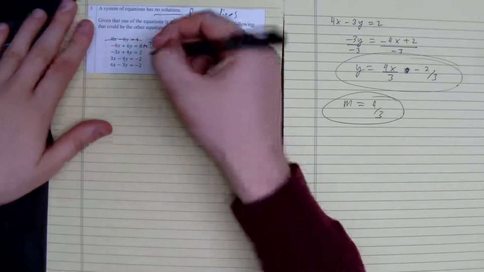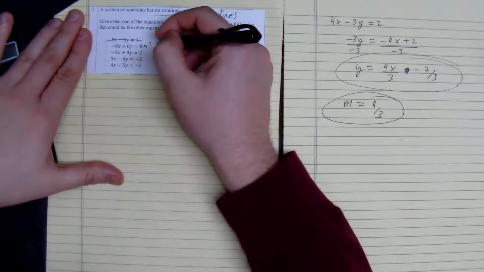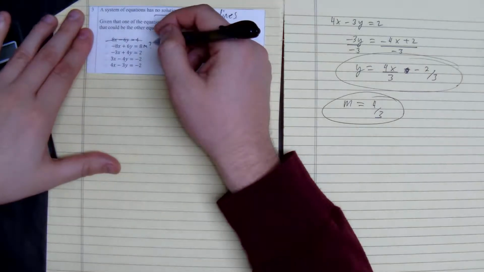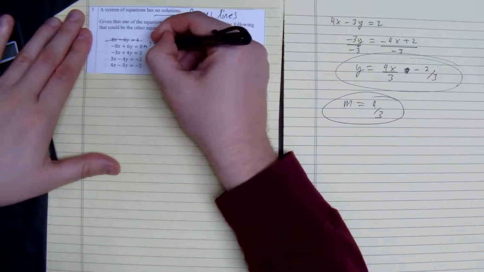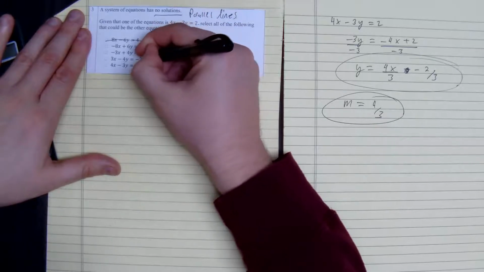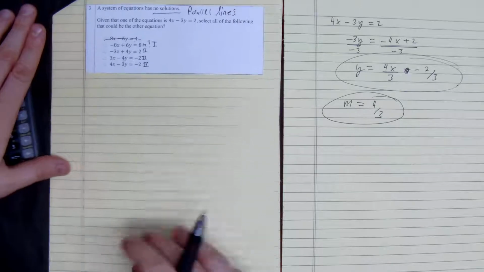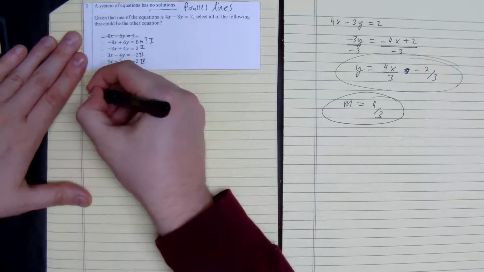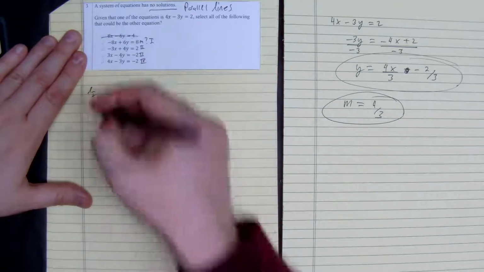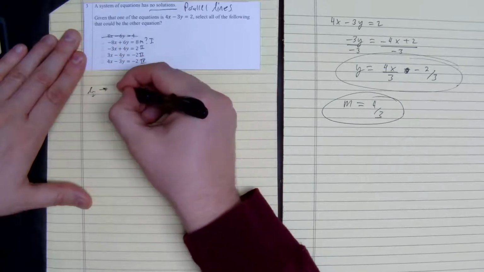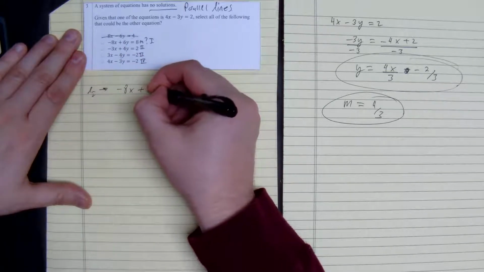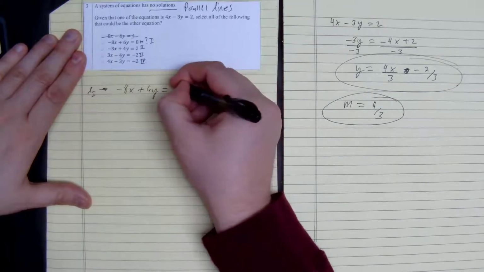So let's just call these 1, 2, 3, 4. Okay, let's focus on line 1 first. Line 1 is negative 8x plus 6y equals 8.